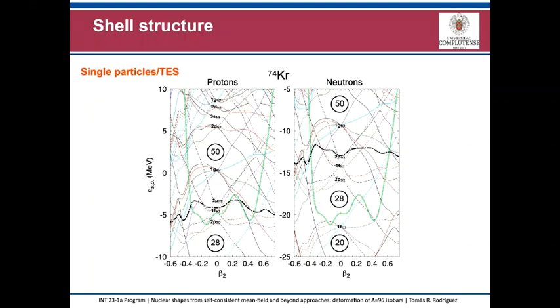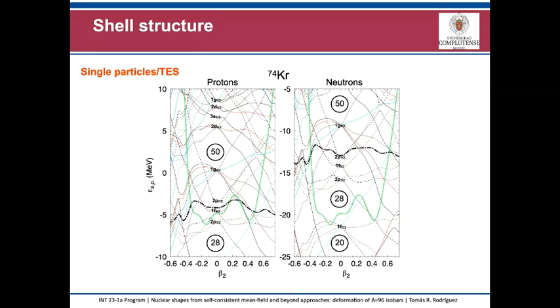So this description here is in fact describing quasi-particle vacua, so no quasi-particle excitation whatsoever at a given deformation. When you represent these states in the spherical basis, which is what the shell model does, then these states are interpreted as many-particle many-hole excitations.